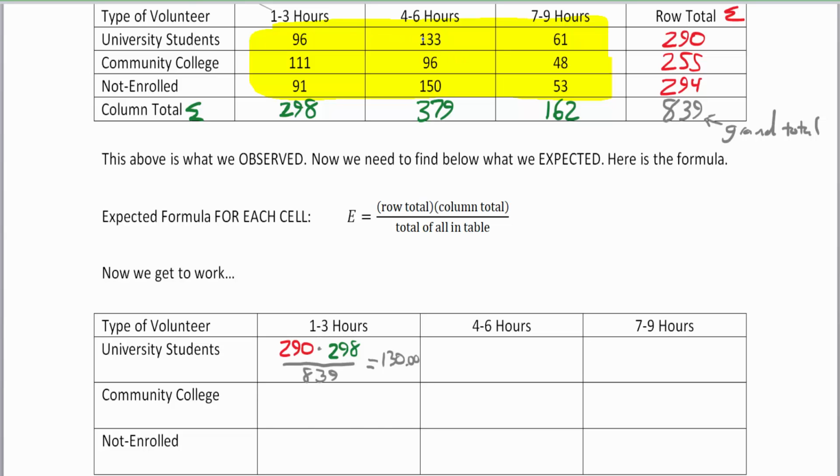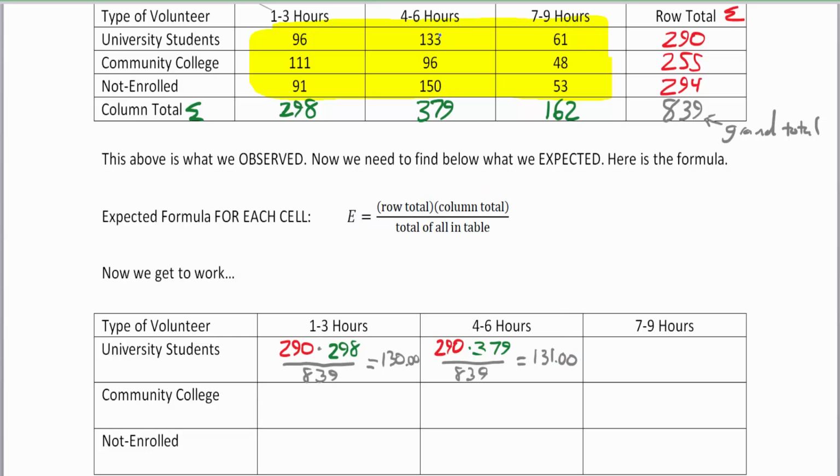This is 133, so it's in the row of 290. This is in the second column, so that column total is 379. And then we're going to do the sum, that's 839 again. We multiply these two, divide by 839, and we get 131.00.